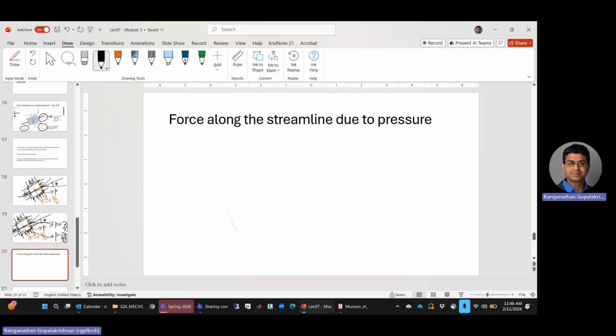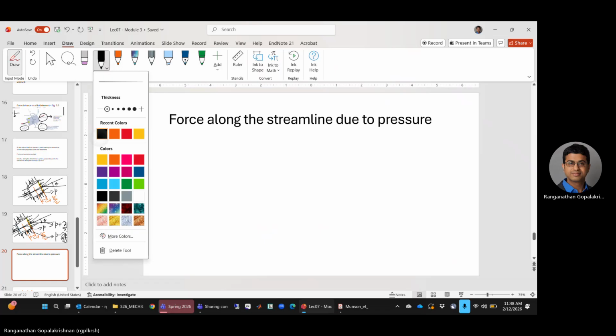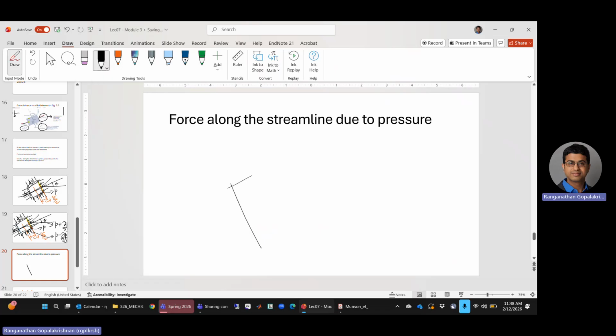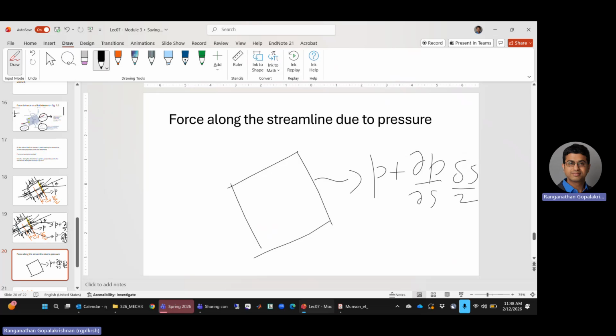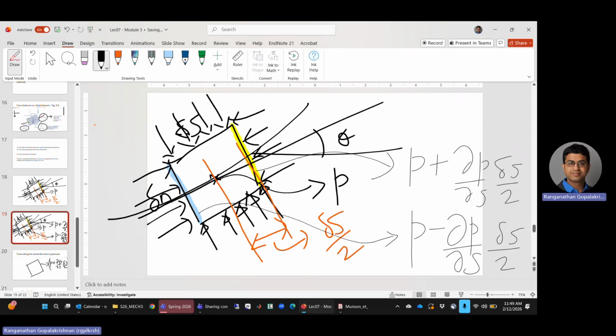Okay. So you have your element. At this surface, we have the pressure P plus the partial derivative of P with respect to S times delta S over 2. And what is the area with which you should multiply?